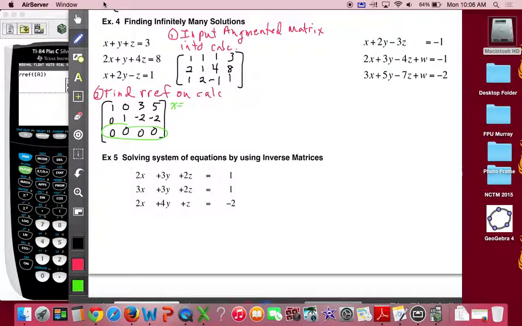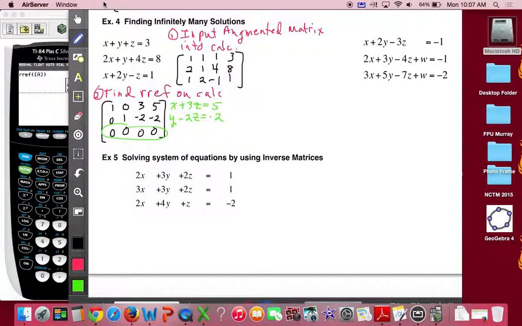X plus 3Z is equal to 5, because we're missing the Y term on that one. Then the second row here, we're missing the X term, but we have a Y and a Z. So we have Y minus 2Z is equal to -2. So those are the only 2 equations we can write from that.